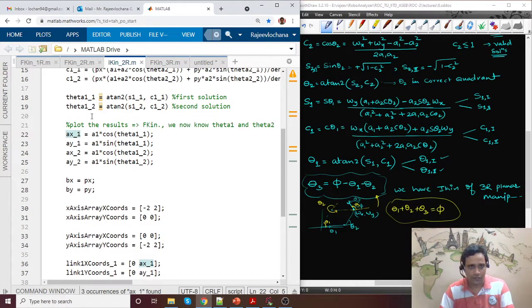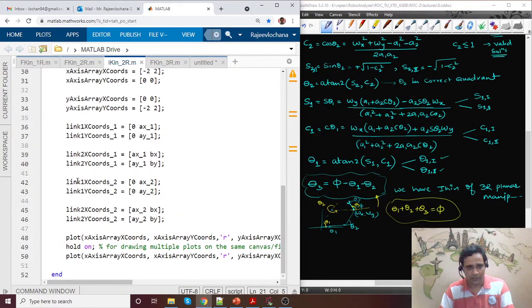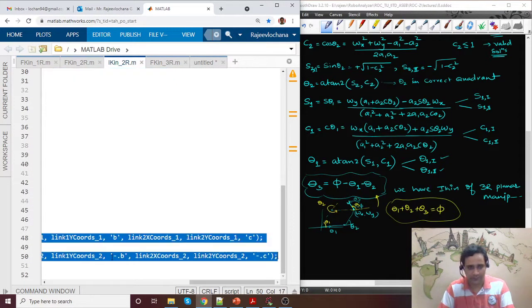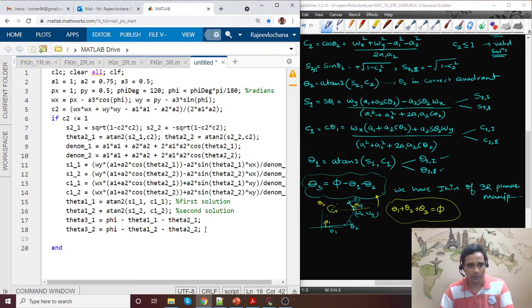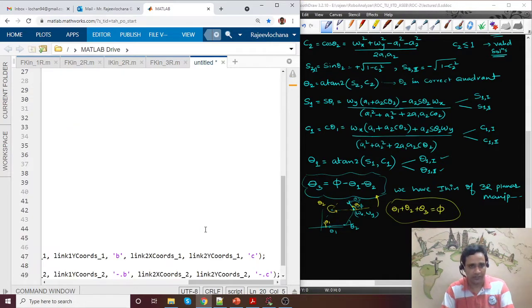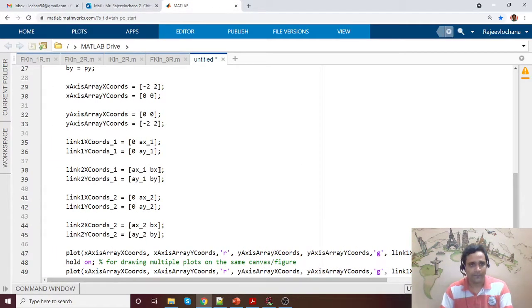We shall take code from here till here. This is related to the inverse kinematics. Let us go there. I'll just minimize this and extend this so that we have more space.